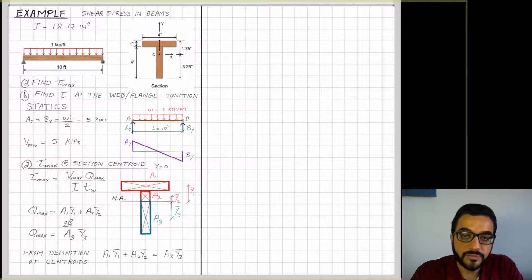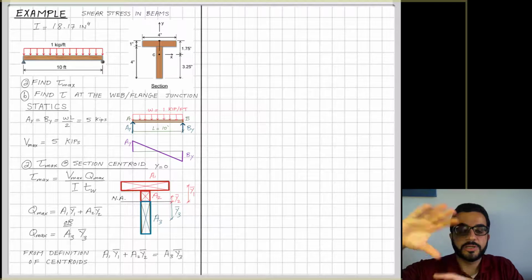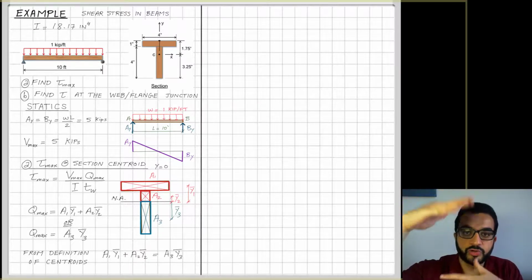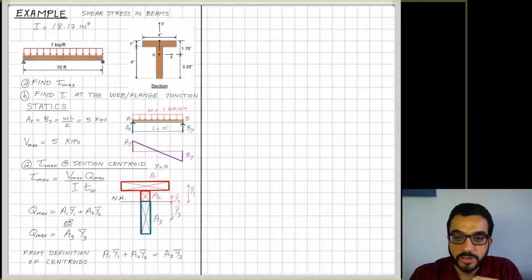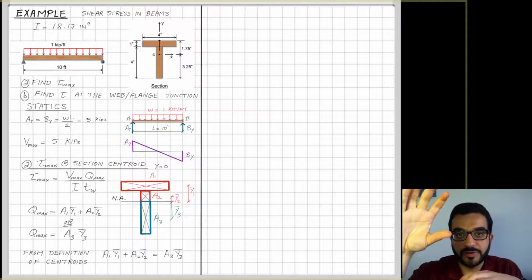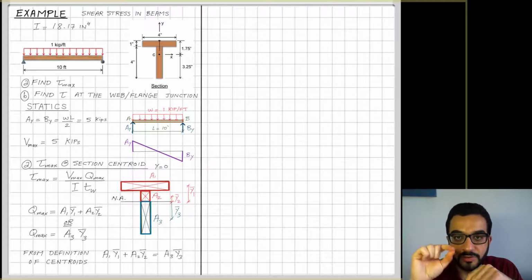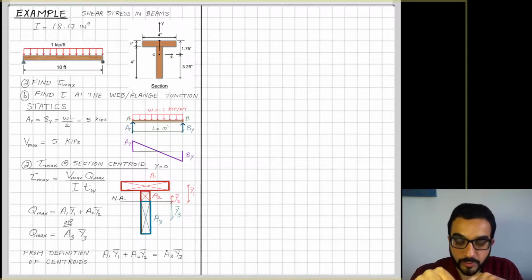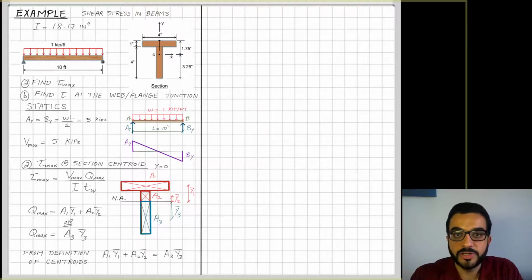So if I split the section into two slicing parts, the first moment of area of that slice and the first moment of area of the second slice relative to the neutral axis, if this is the true neutral axis, the correct one, these first moments of area will be equal to 0.